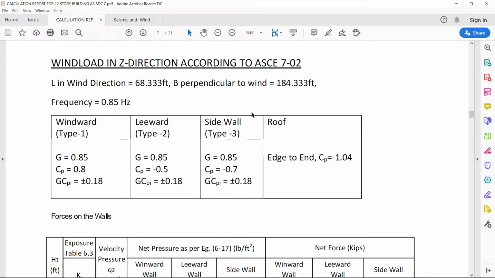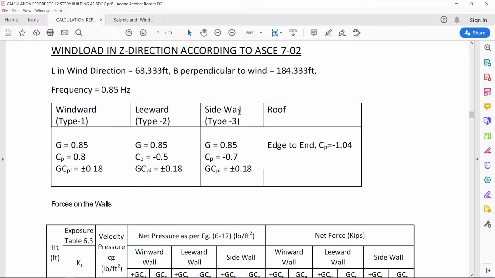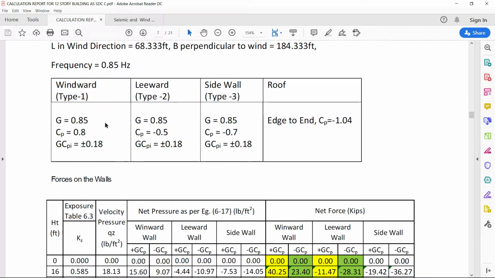Then based on ASCE 7, I checked the parameters like G, Cp and Cpi for windward, leeward, sidewall and roof.